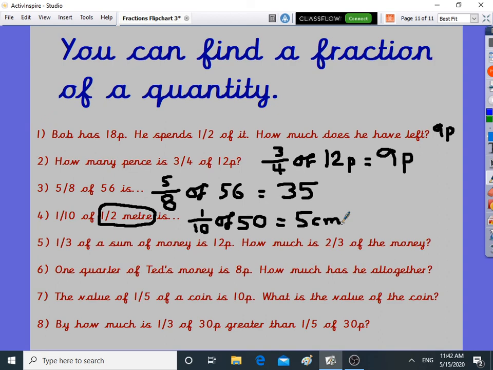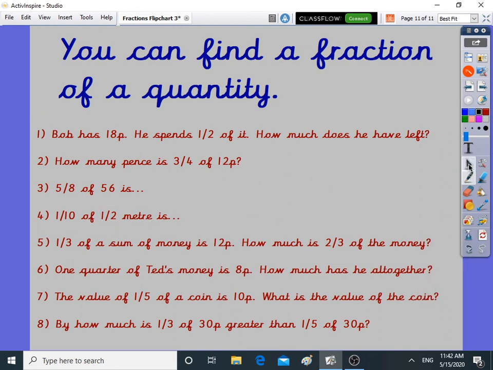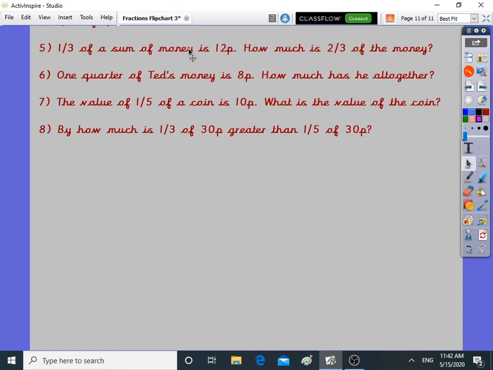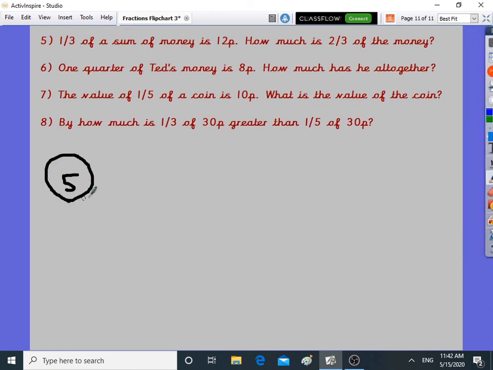Number 5. 1/3 of a sum of money is 12p. How much is 2/3 of the money? I'm going to need some space to work these out now. Let's move everything up. Number 5. 1/3 is 12p. How much is 2/3? This is different to what we've been doing, but it's still connected.